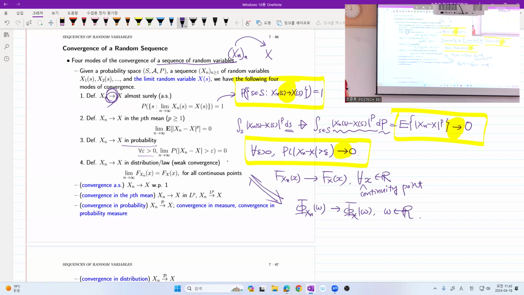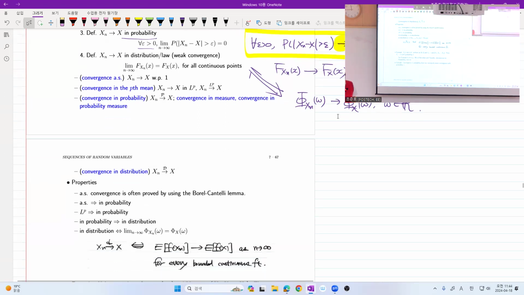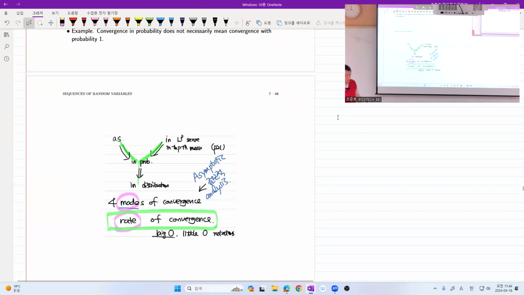And convergence in distribution is denoted this way: Xn converges to x in D, distribution. Got it? And we have a similar relation among these 4 definitions, and it is summarized in this figure.